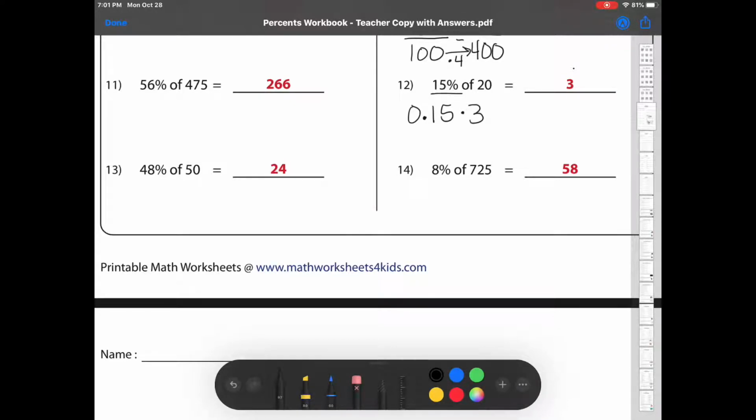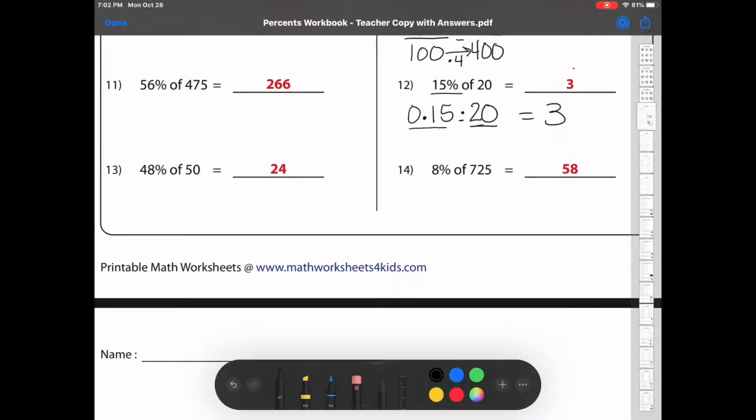And then we just multiply it by the whole number of 20, because we're trying to find 15% of 20. When we hear the word "of," that actually implies multiplication. So we can actually do the decimal times the whole number, and that would give us 3, which means that 15% of 20 is 3.